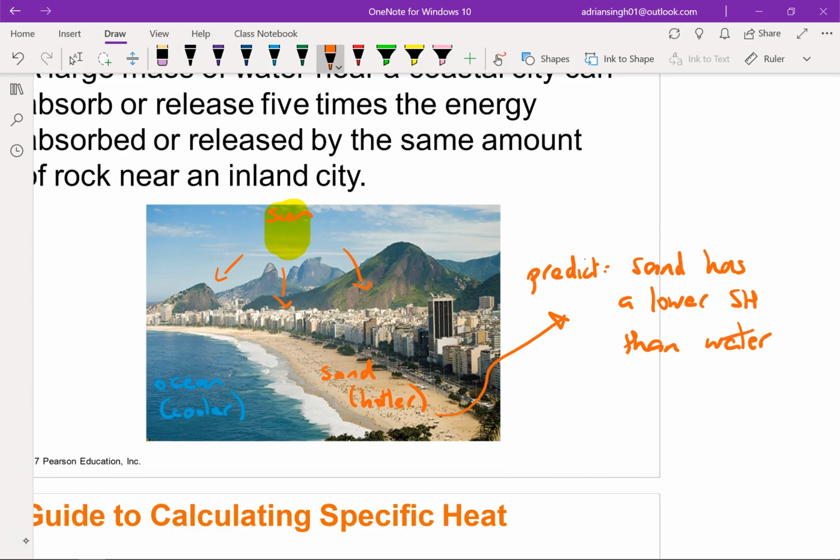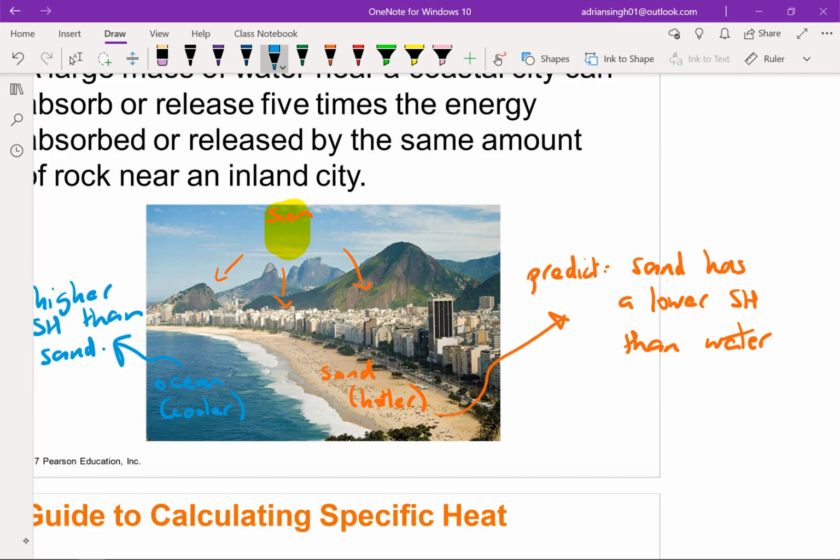So it takes a very small amount of heat energy to increase the temperature of the sand, so it feels very hot. Whereas the ocean, which is made up of water, has a higher specific heat than the sand. So even though it's exposed to the same amount of heat energy, its temperature doesn't increase as much, and as a result, it feels cooler than the neighboring sand.